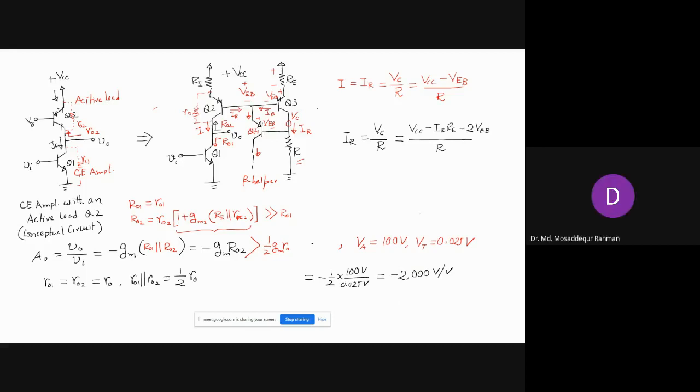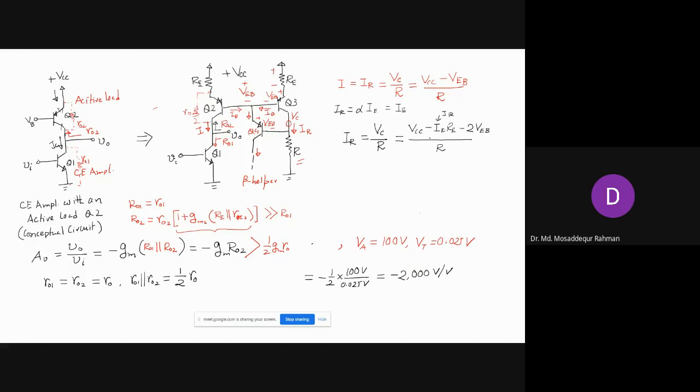That's not a difficult question because you see, this is the collector current here, and this is the emitter current, and IR is the IC, which is alpha IE, and assuming alpha to be 1, that is IE. So you can take IE the same as IR, assuming the same current is flowing.